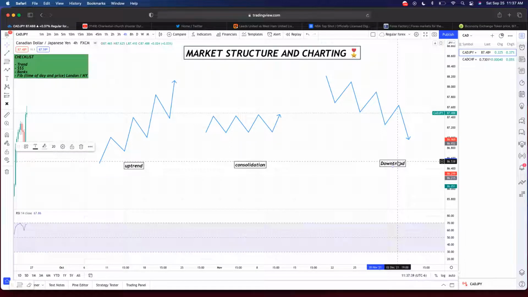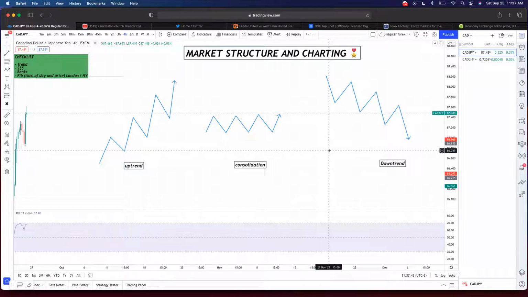When it comes to the market, once you come into the market, you have to start from the basics. If you're trying to look for a trade, if you're trying to get into the market, you need to know the basics. What are the basics? The trend. What trend are we in?